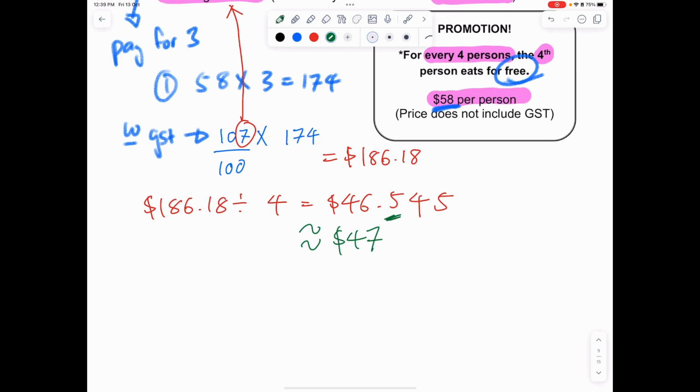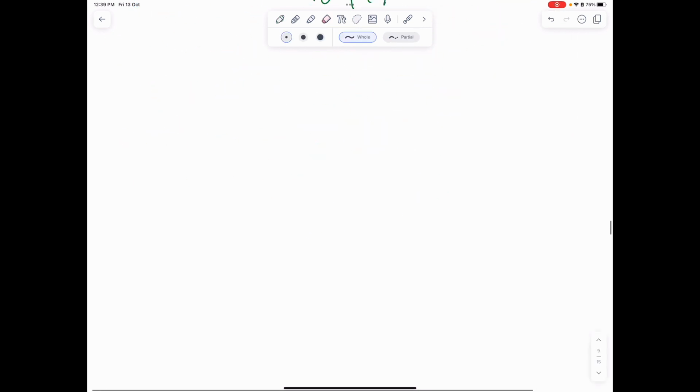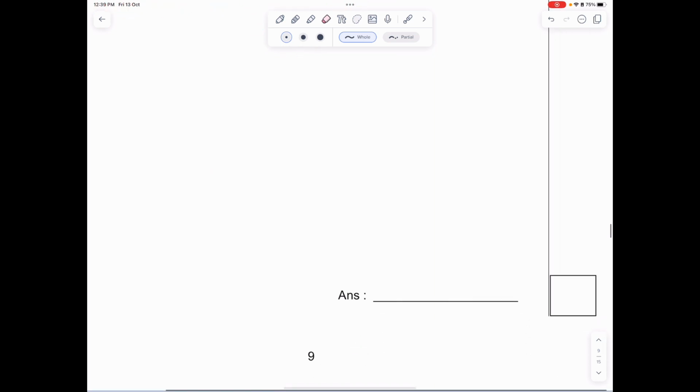If it's 5 and above, we round up. Below 5, we round down. When we say we round down, it just means that we keep it to that number. We don't increase the number that's before that. Okay, so $47. Alright?